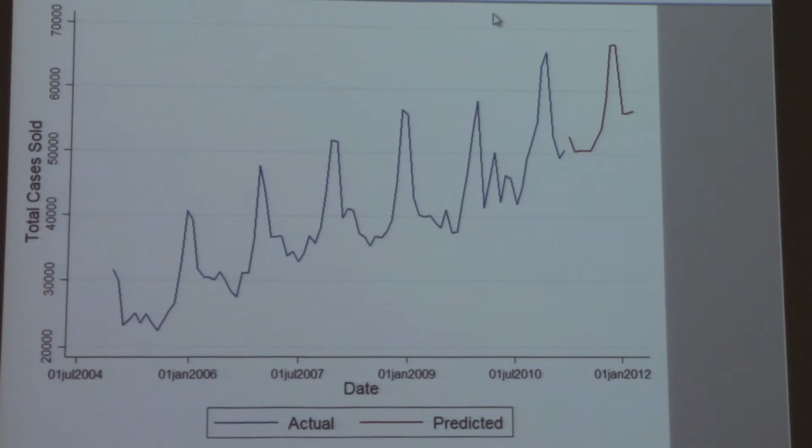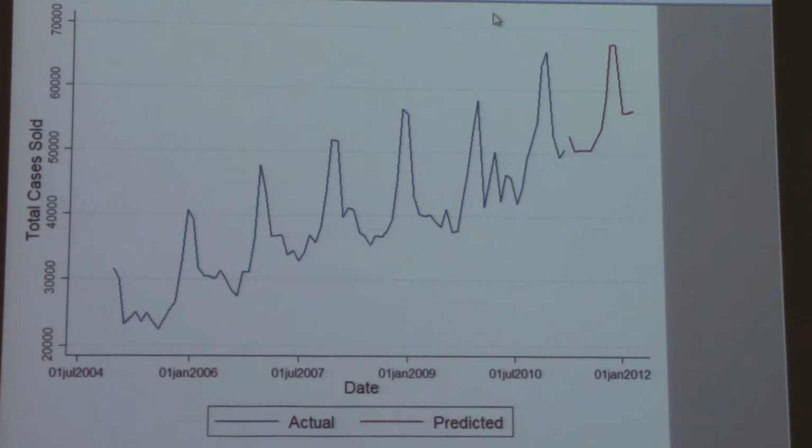There is no data past December 2011. So this is a true prediction of sales using income, assuming that income grew at the post-recession rate.